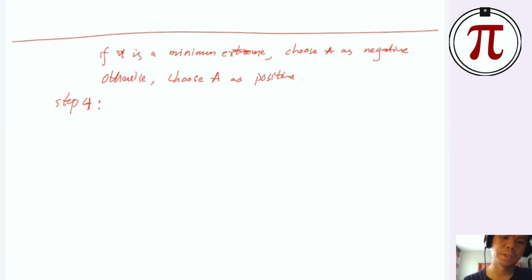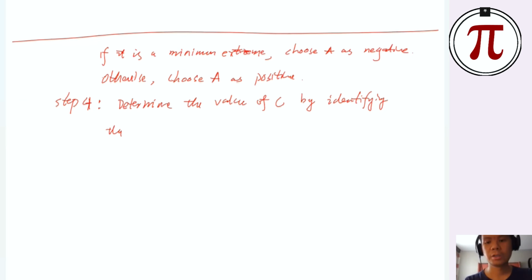Step 4, that's going to be determine the value of C by identifying the value at x equal to 0.